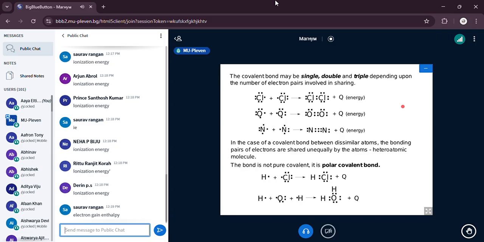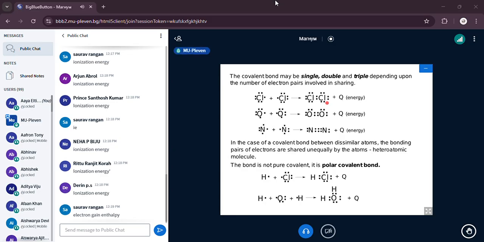Such non-polar bonds can be single, double, or triple, depending on the number of electron pairs shared. Chlorine atom, second chlorine atom, chlorine molecule.